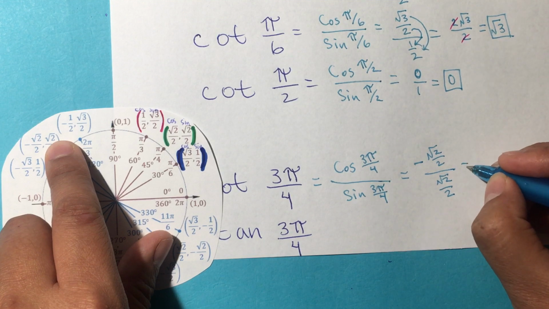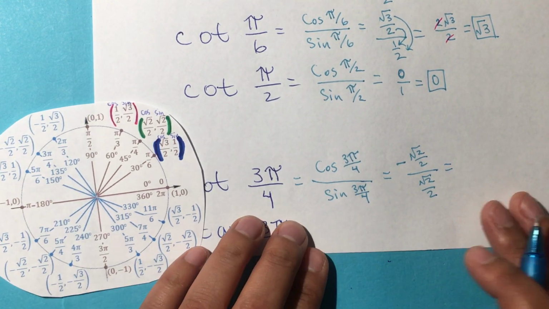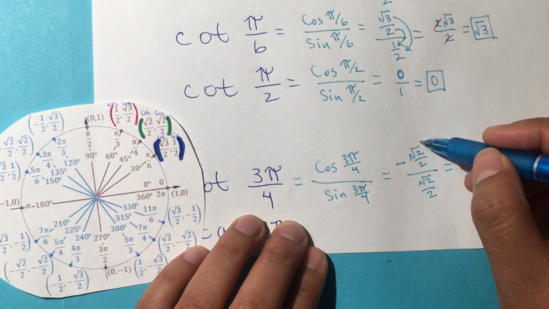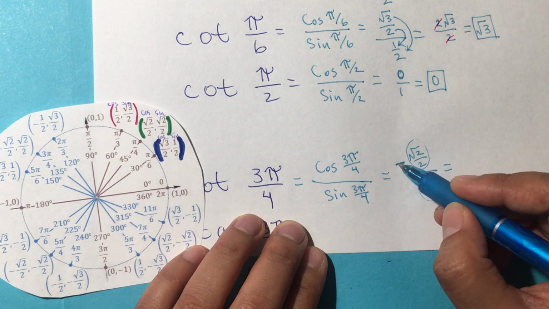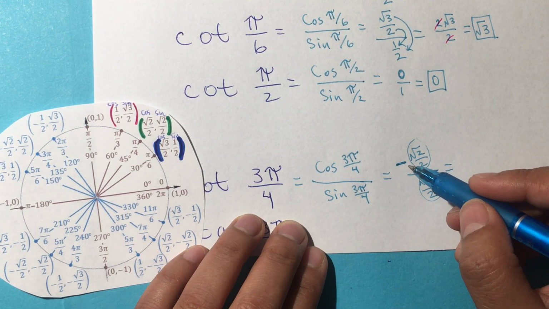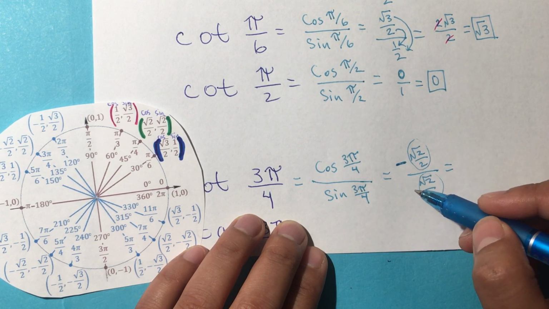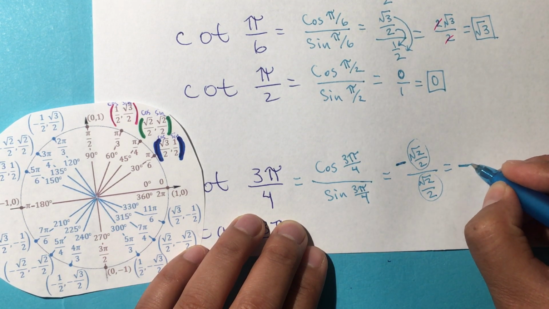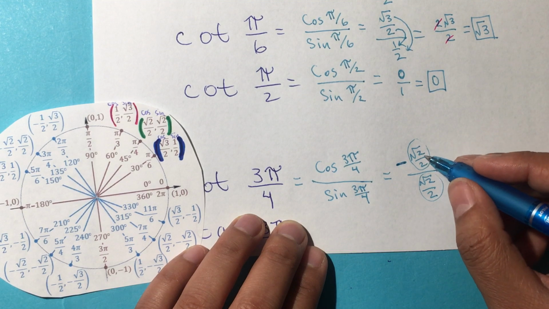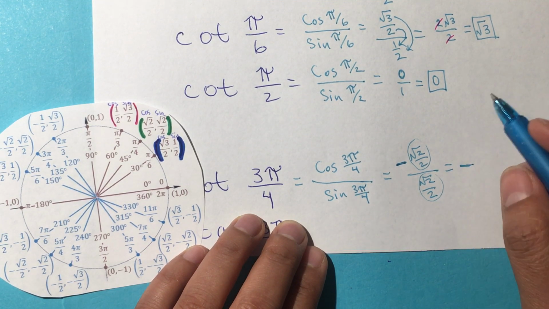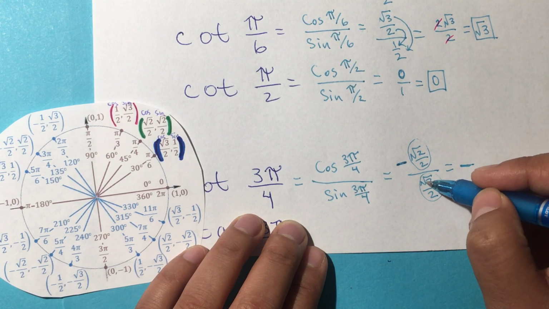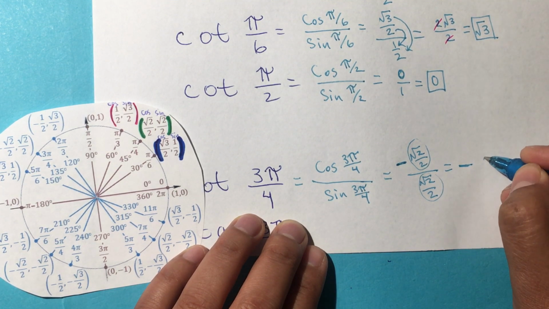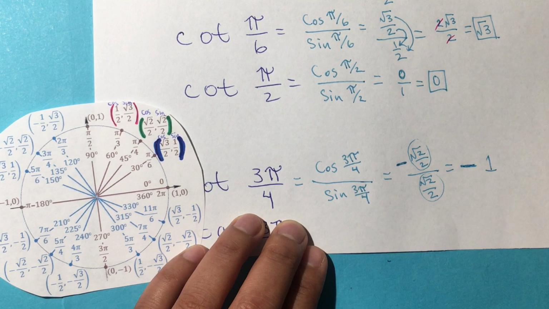Okay, sine is always y. And so again, when we have the same thing being divided, it becomes 1. But just remember that if we have negatives, we have to pay attention to the sign. Negative divided by positive is going to be negative. And square root of 2 over 2 divided by square root of 2 over 2 is just equal to 1, because they're exactly the same value.